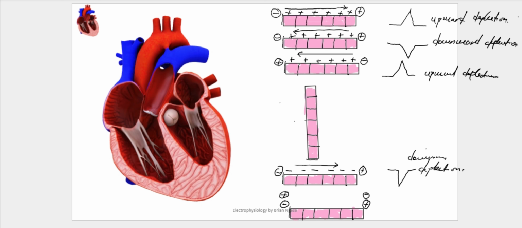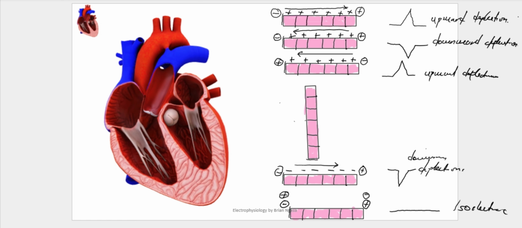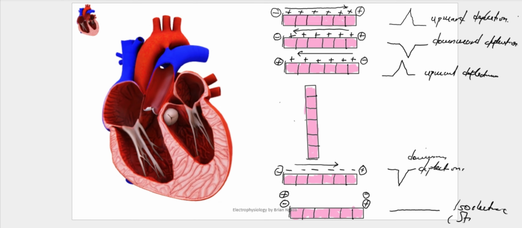So in the ECG machine, how is it likely to represent this in a graphical way? It is likely to give us a straight line, or an isoelectric line. This is to tell the clinician there are no charges moving in this ECG.